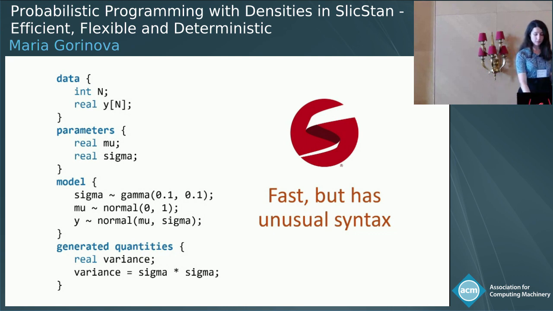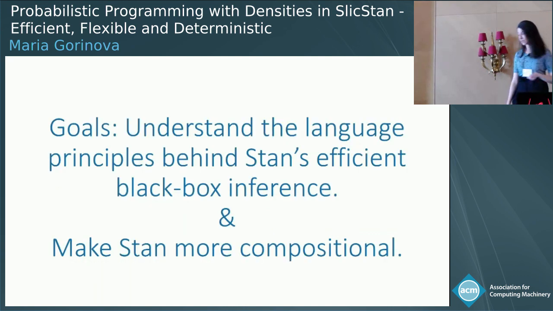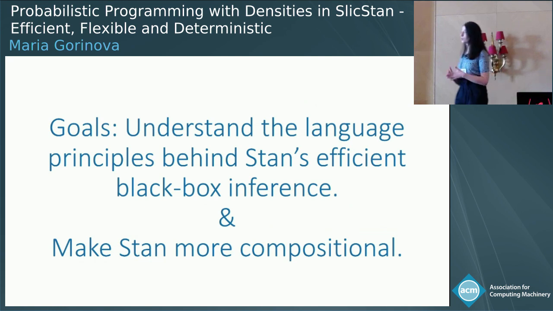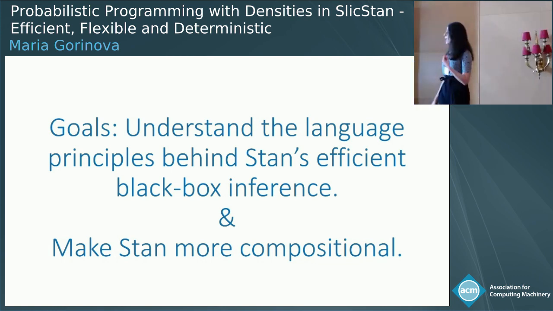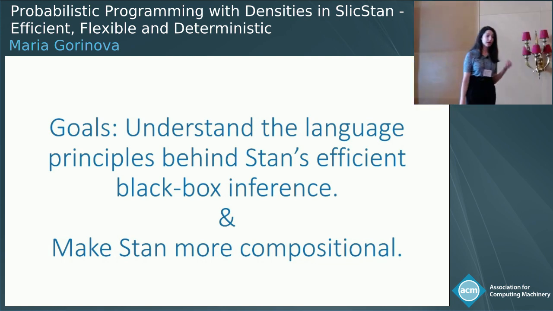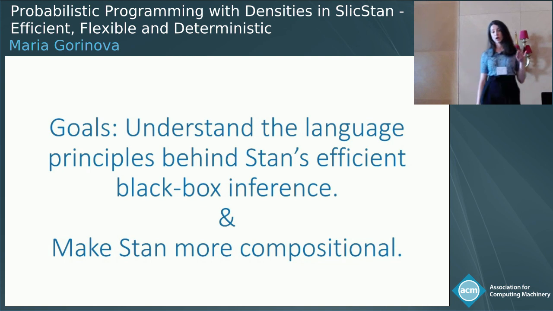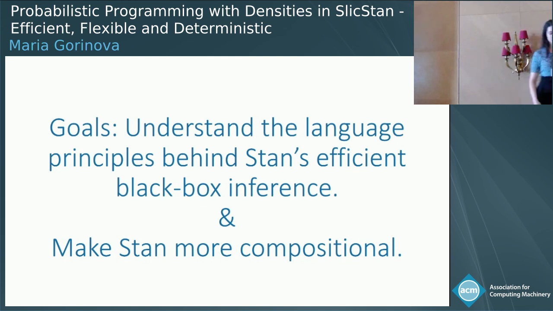And this leads us to our goal, which is to understand what the language principles behind Stan are, why Stan adopts this syntax, and how it helps it to make efficient black box inference possible, and to design a suitable abstraction for these compartments that allows for a more compositional language, because these blocks make the language not very compositional.